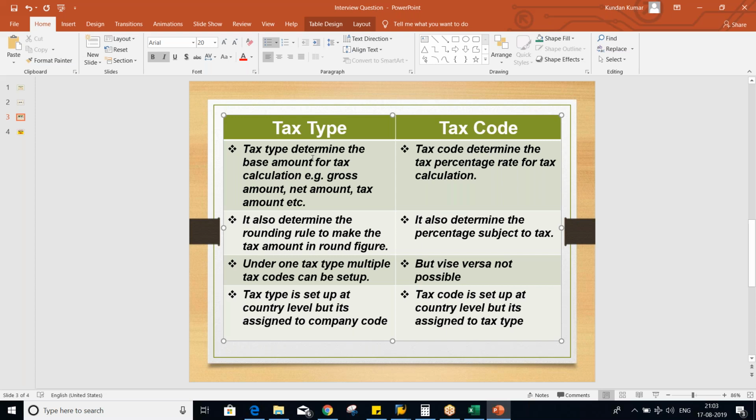These are the two major differences. Now, this is the first one, and the second one is that it also determines the rounding rule. I'm talking about tax type. Tax type also determines the rounding rule to make the tax amount a round figure.